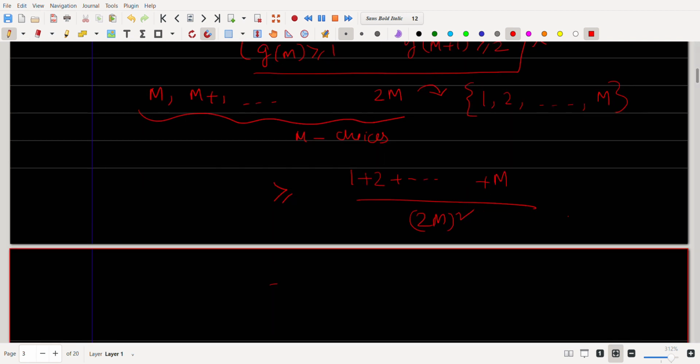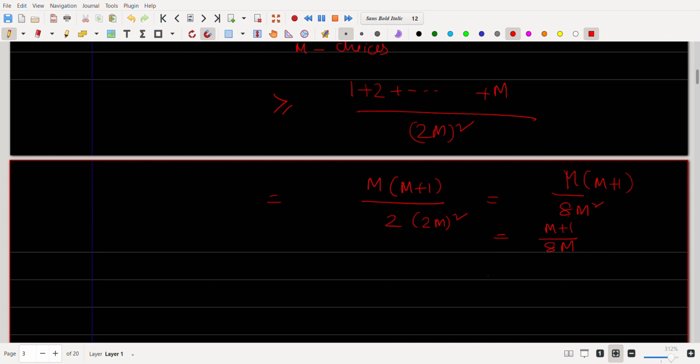Now this sum will be the same as M into M plus 1 by 2 times 2M square, which is the same as 1 by 8M square times M into M plus 1, which is the same as M plus 1 by 8M, which is greater or equal to 1 by 8.